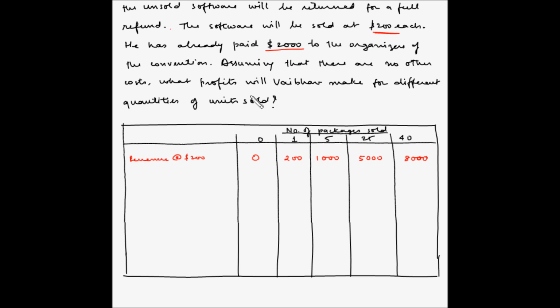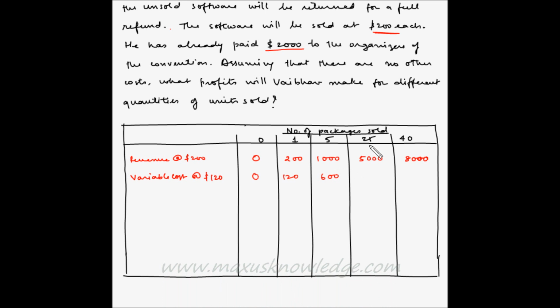Now the next we'll do is the cost. So variable cost at $120 per package. So for 0 quantity the cost is going to be 0. For 1 the cost will be 120 multiplied by 1, which is 120. For 5 the cost will be 120 multiplied by 5, which is 600.